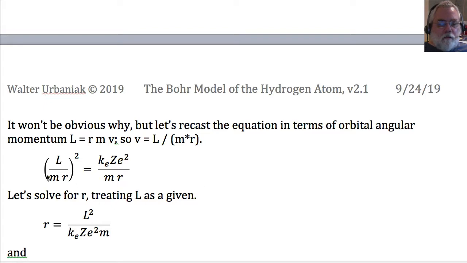So replacing velocity with L over m times r on the left side, we get quantity L over m times r, quantity squared, equals K sub E Z E squared over m times r. Let's solve this for r, treating L as a given. We get r equals L squared over K sub E Z E squared m.